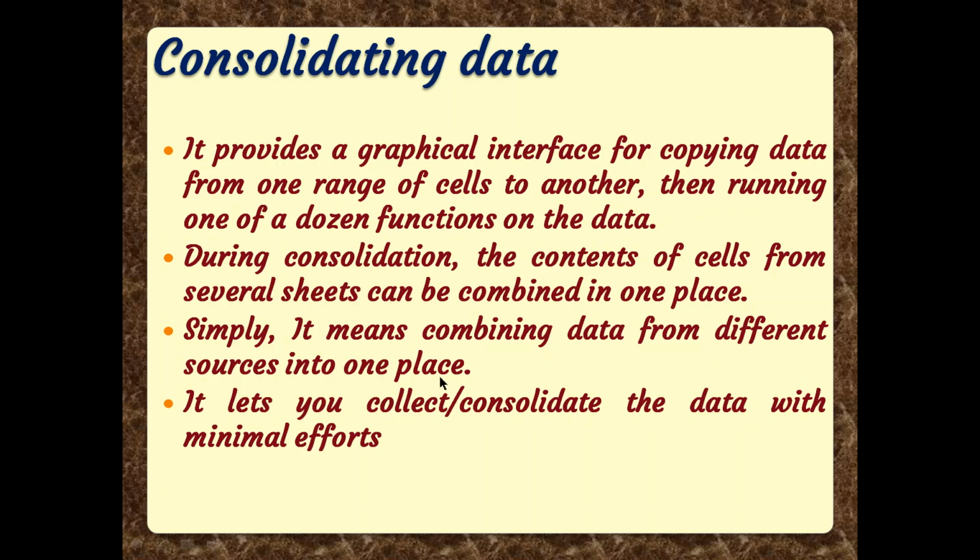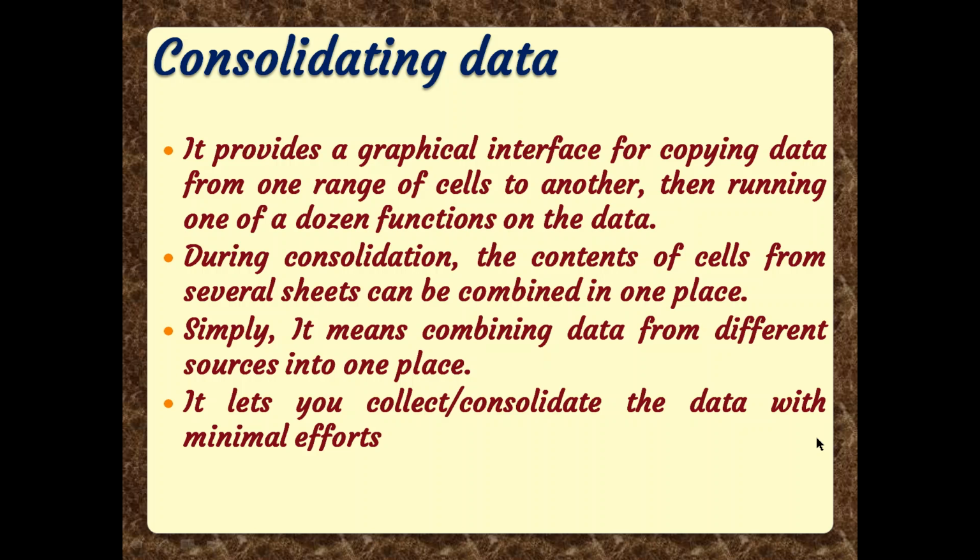If we want to summarize all this in short form, we can say it means combining data from different sources into one place, right? It lets you consolidate the data with minimal efforts.